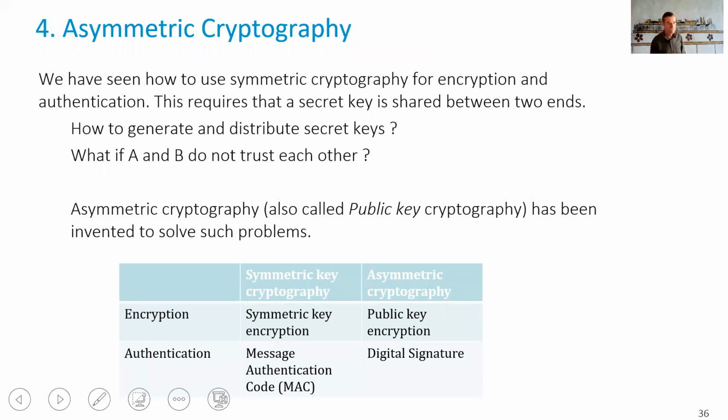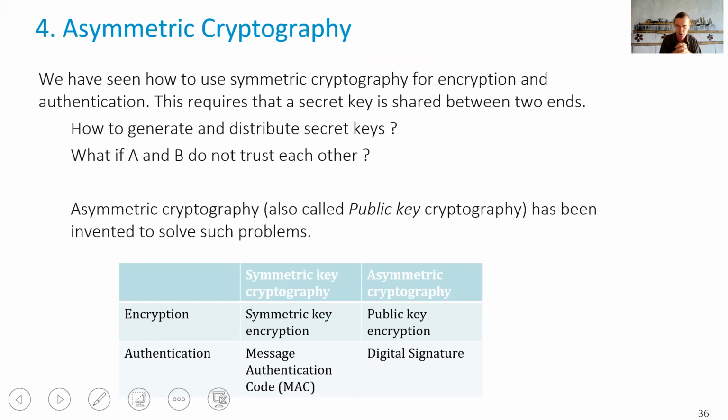Well, we've done a quick survey of two essential building blocks of cybersecurity, which are encryption and authentication. But those two mechanisms have a big drawback: they require keys to be shared between the two ends.